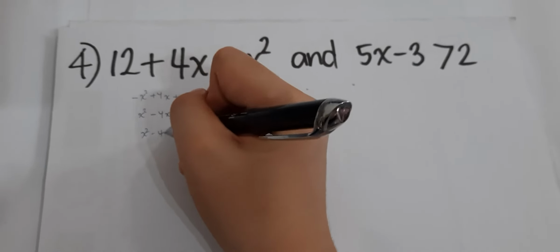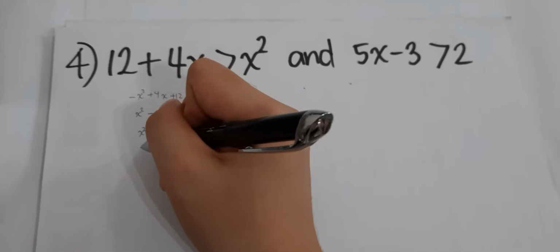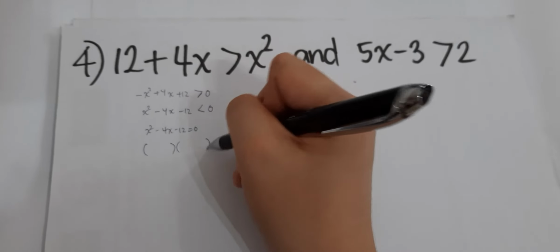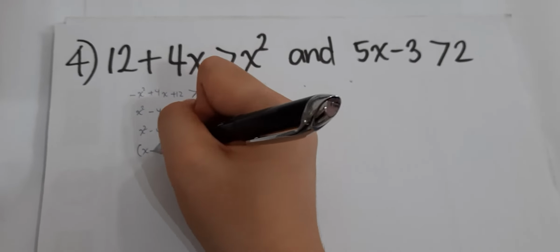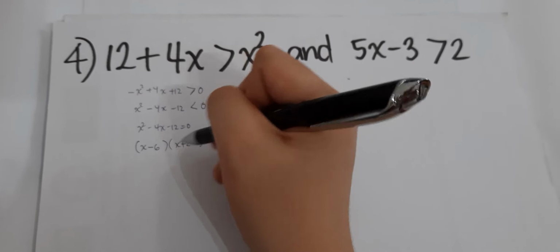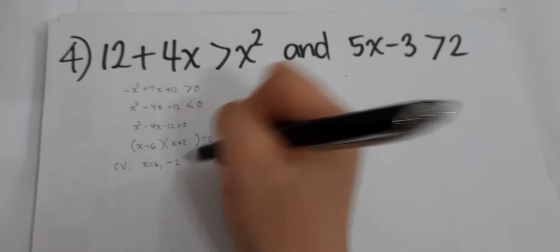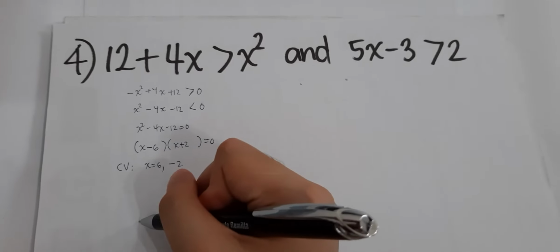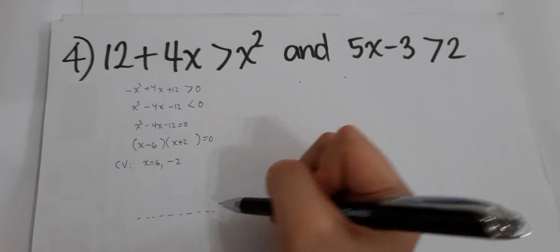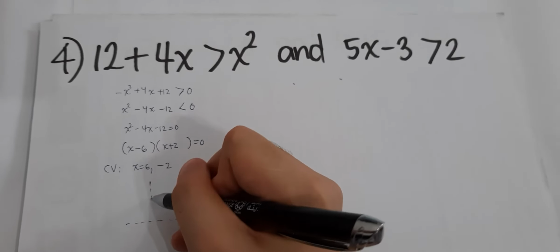Make it an equation and factor. So x minus 6, x plus 2. So my critical values are 6 and minus 2. So I will draw a Cartesian plane.